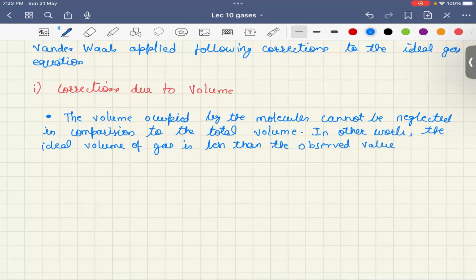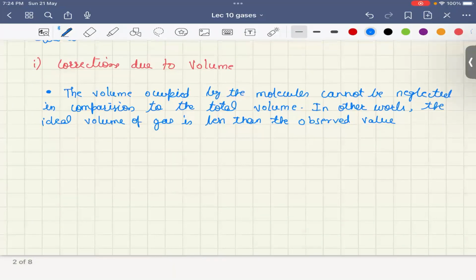It was therefore suggested by Van der Waals that a suitable correction term may be subtracted from the observed volume. The correction term for 1 mole of gas is called b, and b is a constant depending upon the nature of the gas. So let us write this down.